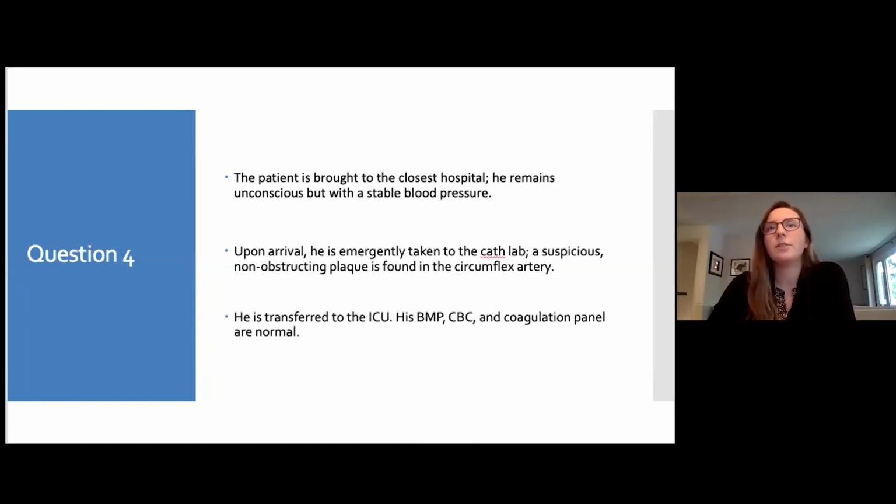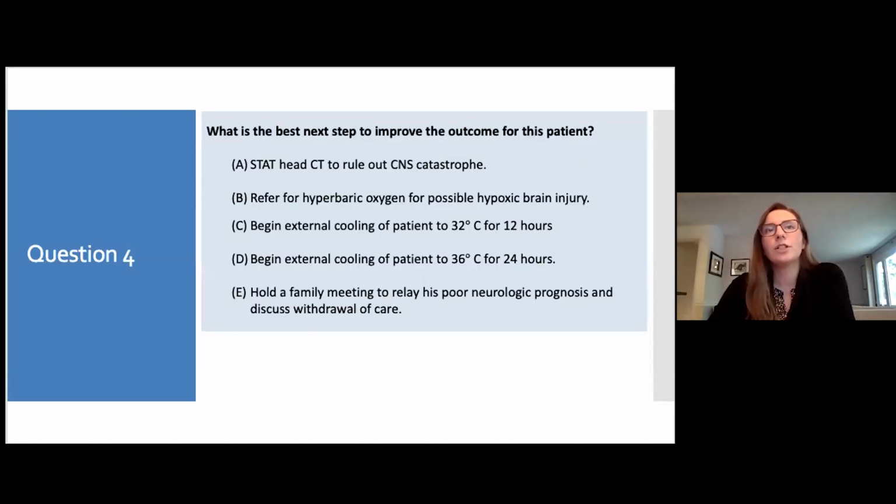The patient is brought to the closest hospital, remains unconscious but with a stable blood pressure. Upon arrival, he's emergently taken to the cath lab. He has a suspicious non-obstructing plaque in the circumflex, and he's transferred to the ICU with normal BMP, CBC, and coag panel. Our question is, what's the best next step to improve the outcome for this patient?